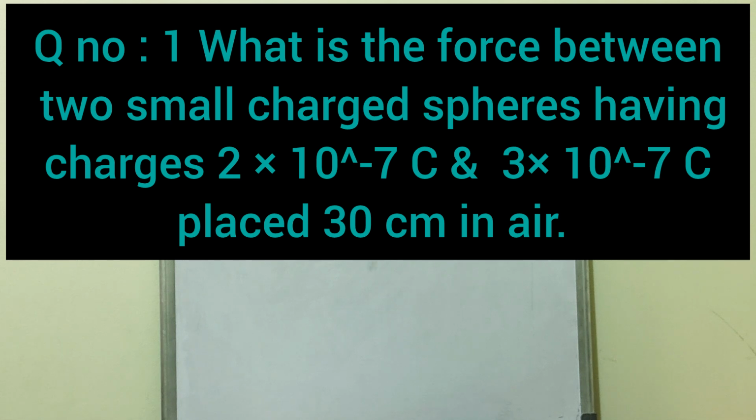What is the force between two small charged spheres having charges 2 into 10 to the power minus 7 coulomb and 3 into 10 to the power minus 7 coulomb placed 30 centimeter apart in air? Please note down the question.